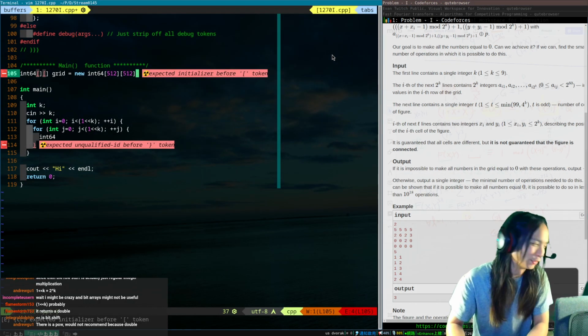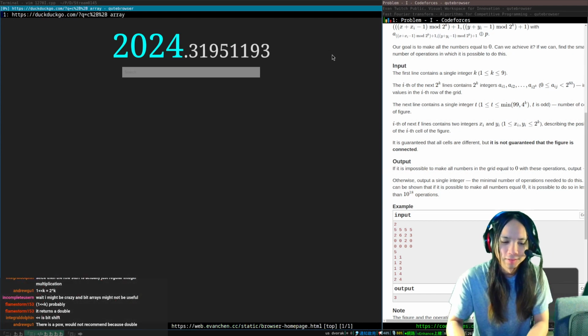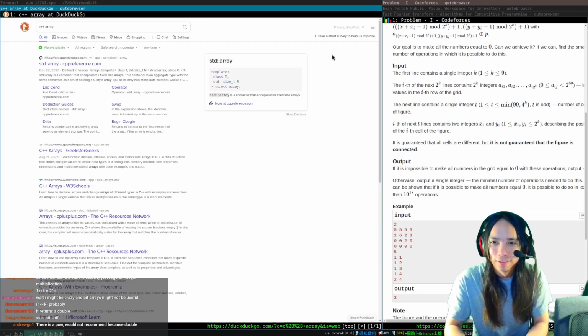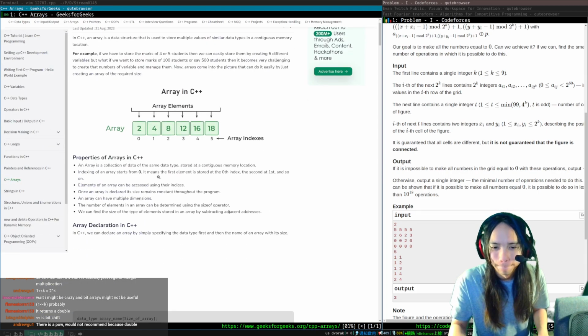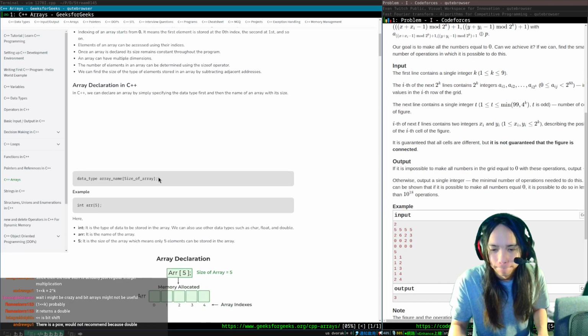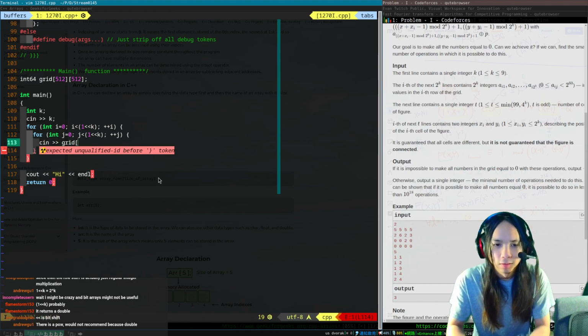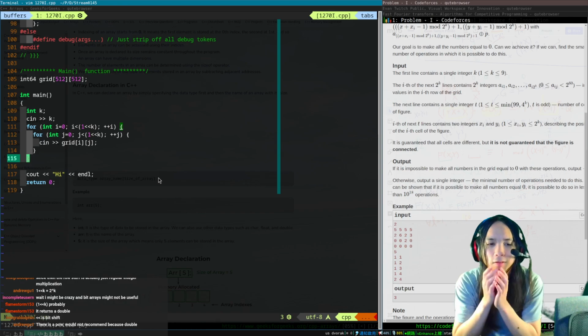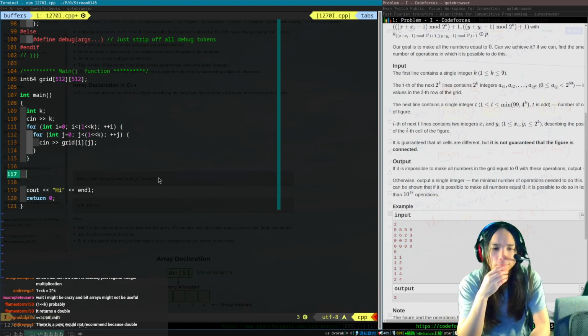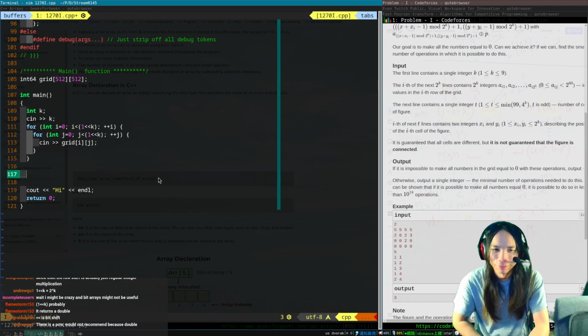You can tell how often I use C++. Okay, so I read the grid.